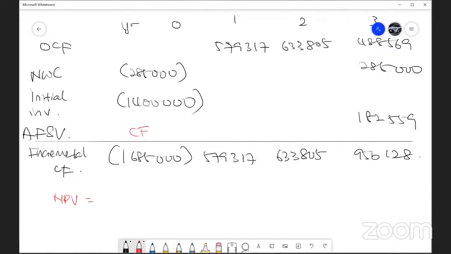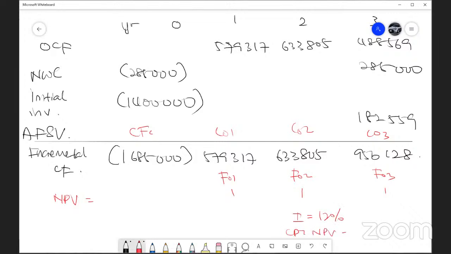Calculator CF01. Correct. CF0, C01, F01 1, C02, F02 1, C03, F03 1. Interest 12%, same thing.